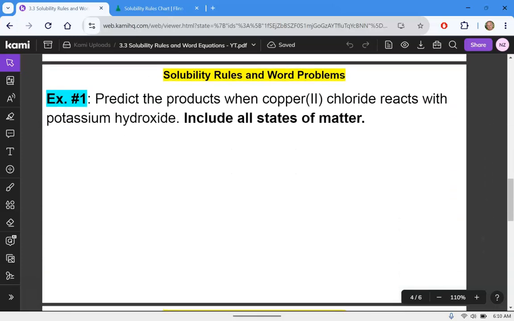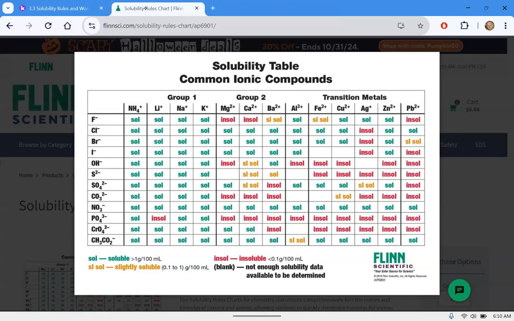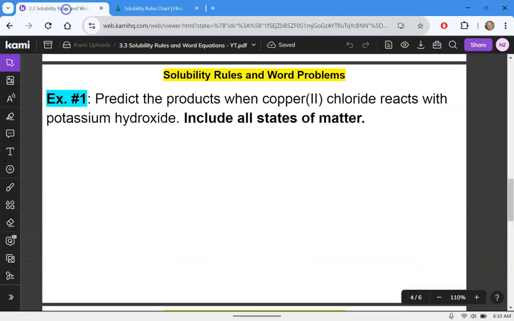Okay, so we're going to write out some word equations here, and then we're going to be using a solubility chart to help us with the states of matter. This is a solubility chart that's on the Flint Scientific website. I love this chart because it is very easy to follow. So let's begin. It says predict the products when copper 2 chloride reacts with potassium hydroxide.